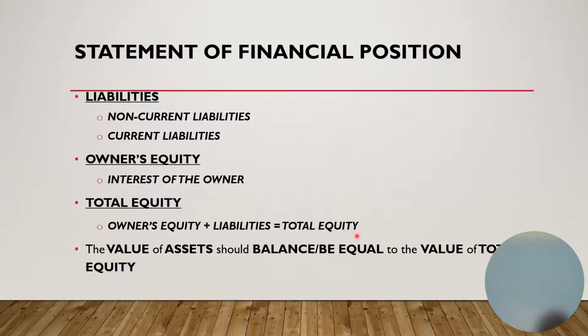Now you must remember, I've said it with the accounting equation, that the value of the assets should balance or should be equal to the value of the total equity. What is the total equity? It is when you add owner's equity plus liabilities. Don't forget that. Alright, let's go to the next slide.